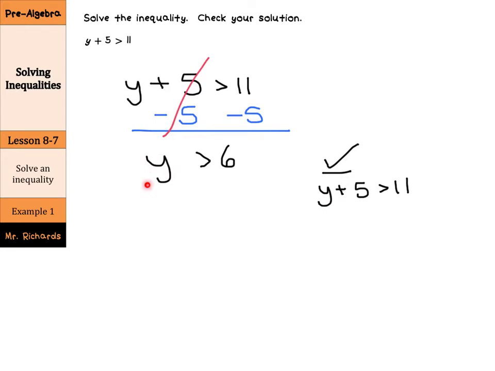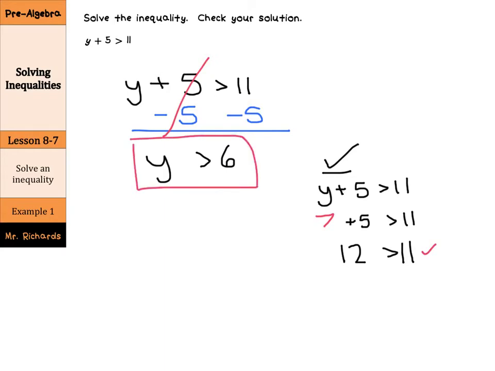So if y is greater than 6, I need to pick a number that is greater than 6, such as 7 to put in for y, since 7 is greater than 6. And when I go 7 plus 5, that is 12. And 12 is greater than 11, so this checks out, and my answer, y is greater than 6.